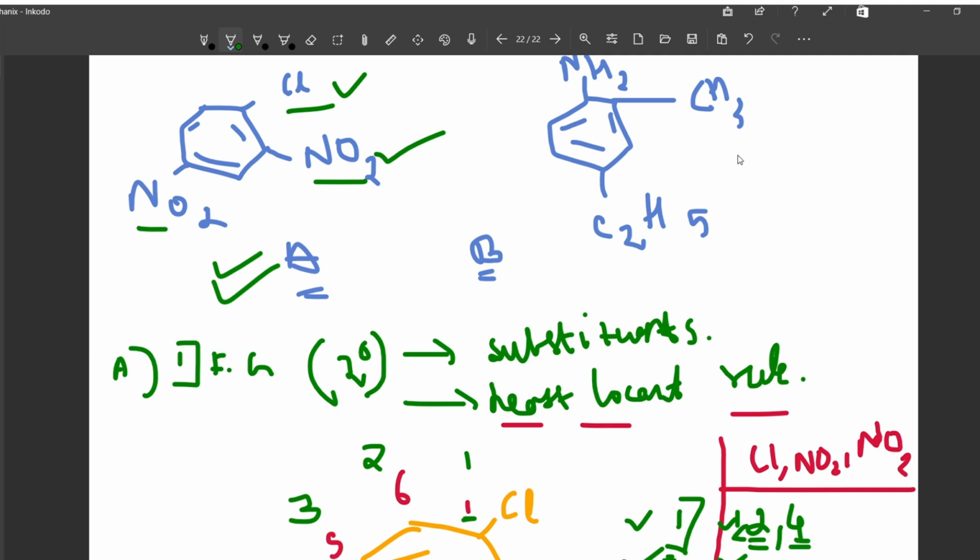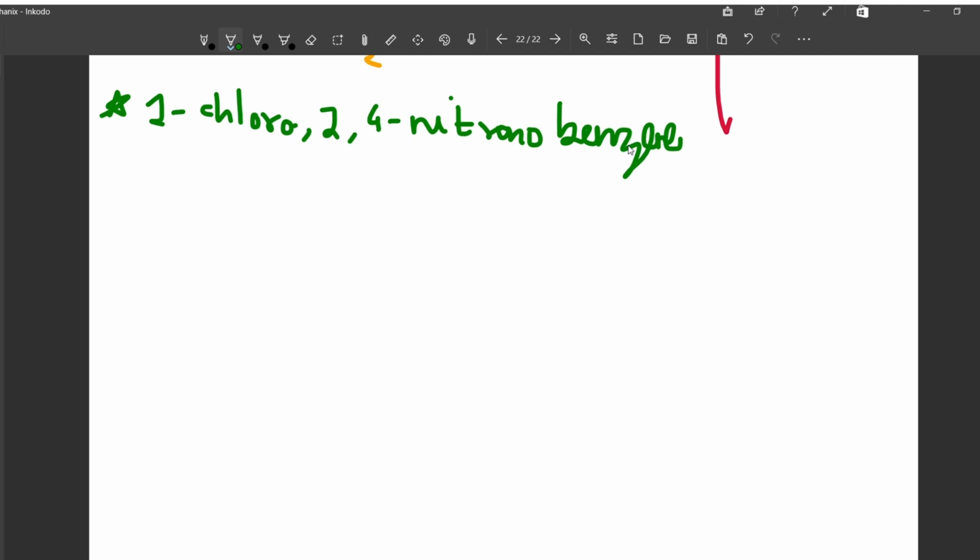Now simply try for compound B while I wait for 2 minutes. Well, yeah. Now let us name this compound.